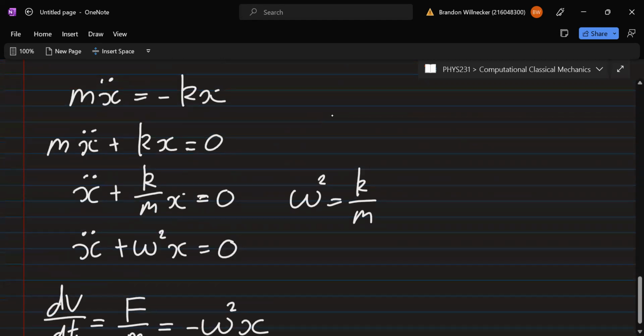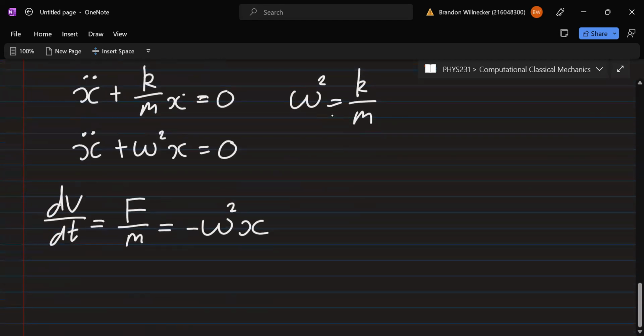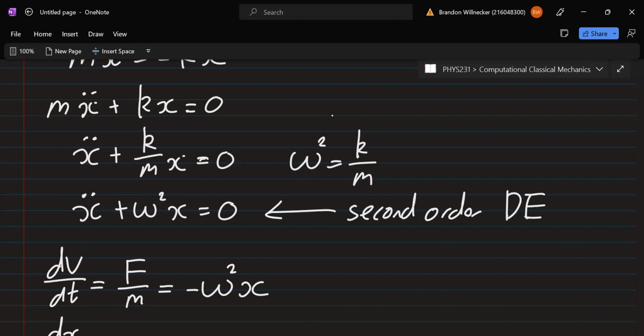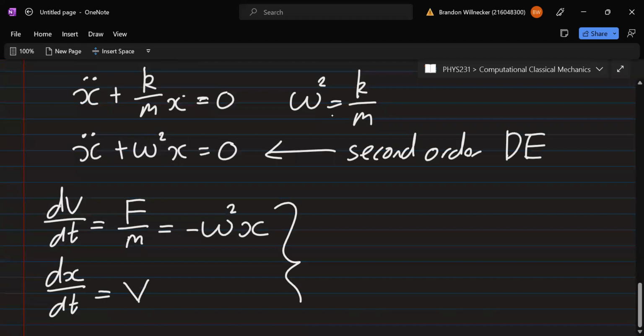So just look at that above there. And then dx by dt will be v. So instead of the second order differential equation that we saw last time, using this separation approach, we now have two first order equations.